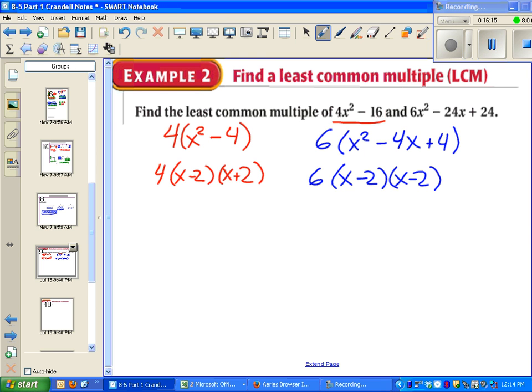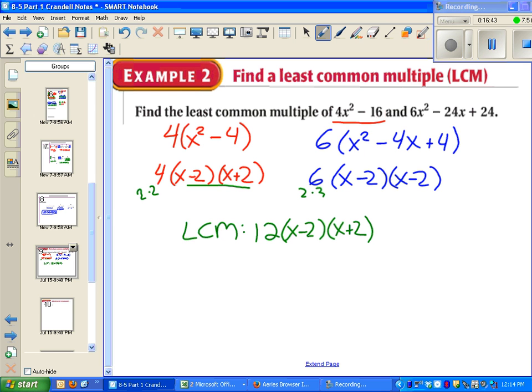Okay, so the least common multiple, let's see, what's the least common multiple for 4 and 6? 12, good job. Because this is 2 times 2, and this is 2 times 3. So we need both 2's, and we need a 3, and so when we multiply those together, we get 12. We definitely need all of this, so we have x minus 2 times x plus 2.